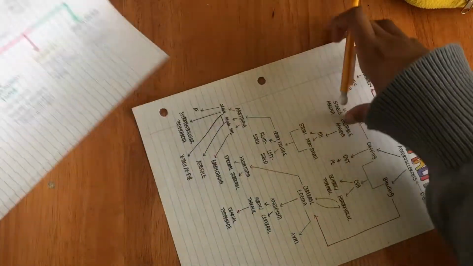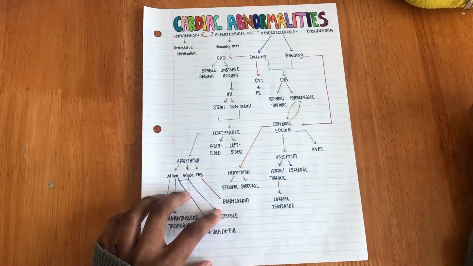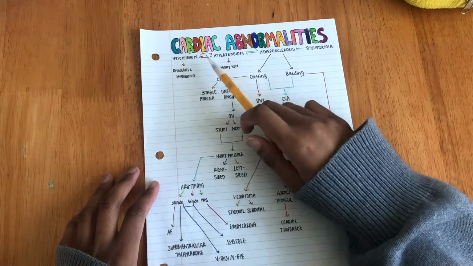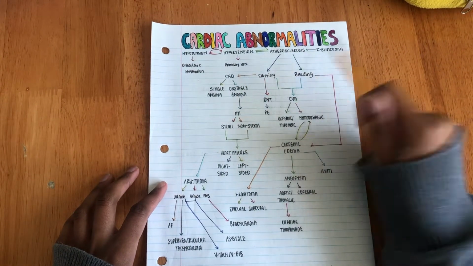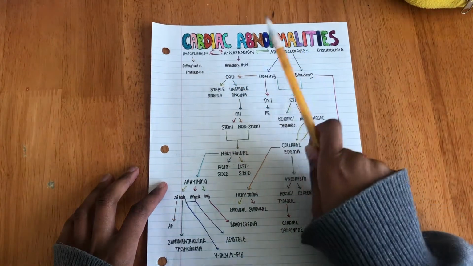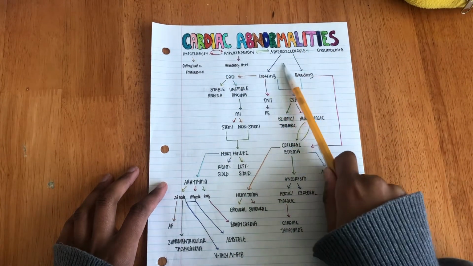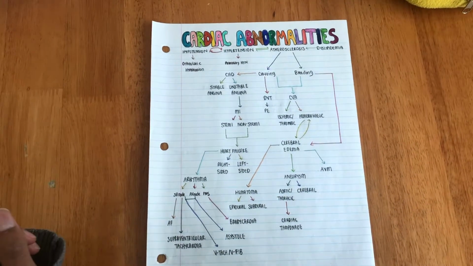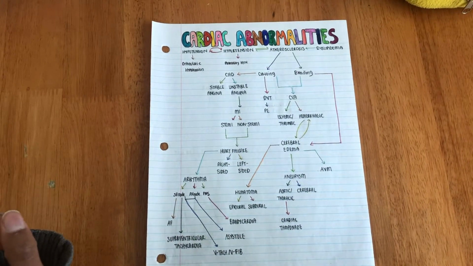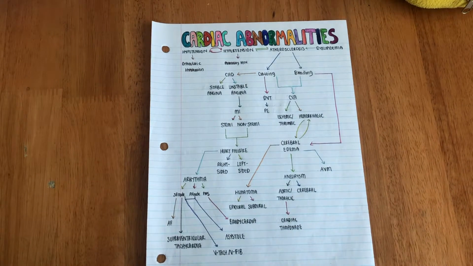But a better example is this one. This one's my favorite, but it's just all the possible cardiac abnormalities there are, and basically everything that occurs and how it's connected. It looks way more complex than it is, and when I actually do one, you'll see.